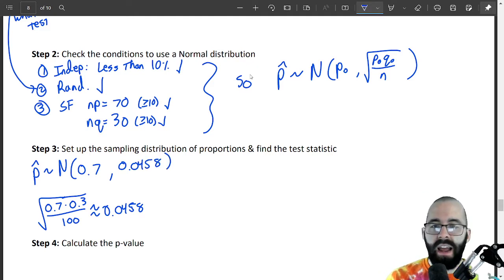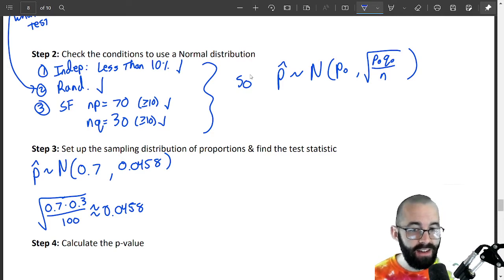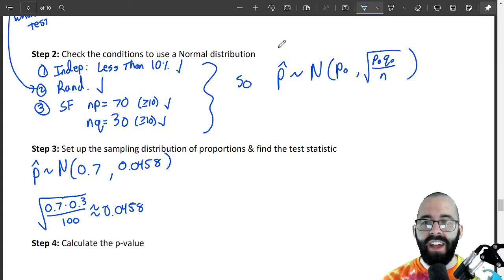What this means is that every time we take a sample, assuming that this drug has a 70% effectiveness rate, then on average about 70% are going to experience relief, plus or minus about 4.5%. Okay?